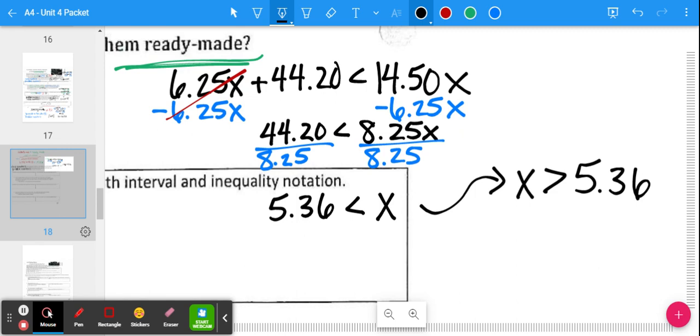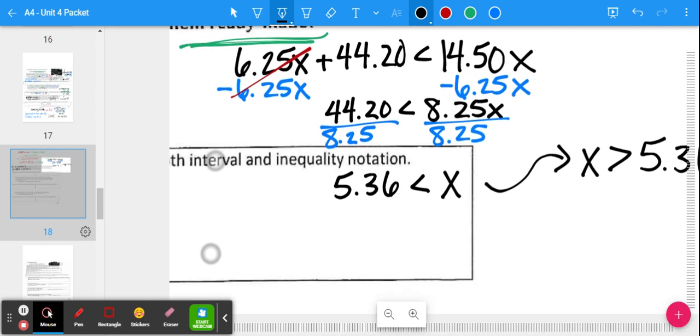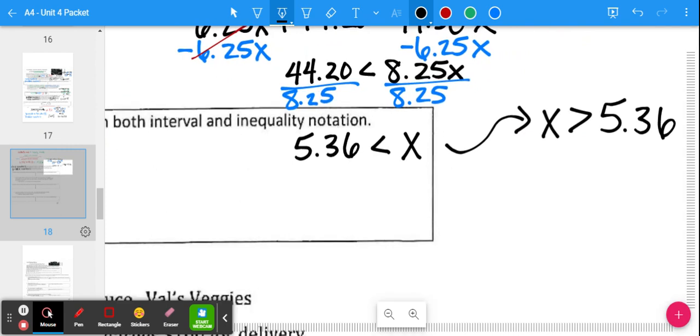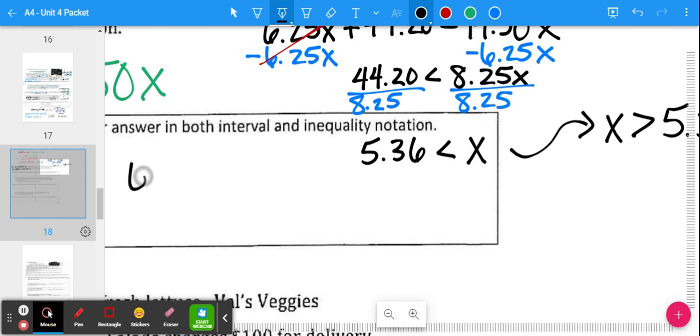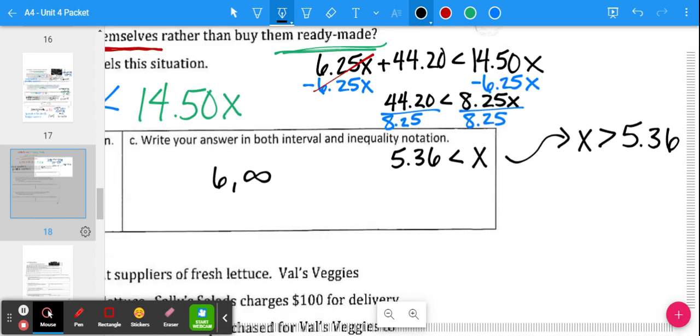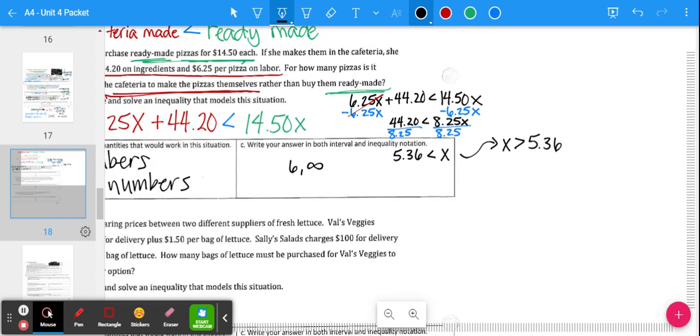We can't round down to 5 because 5 is not more than 5.36. So if x is greater than or equal to 6, that means it can go from 6 to infinity. So from 6 pizzas moving forward till the end of time, it is cheaper to make the pizzas in the cafeteria than to buy them already made.